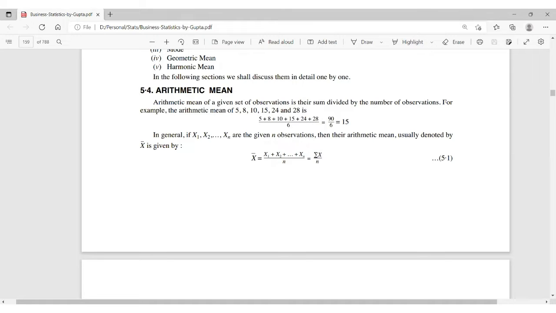For example, see in this example, the arithmetic mean of a given set of observations is the sum divided by the number of observations. For example, these numbers 5, 8, 15. Let me take these as the marks of 5 students.